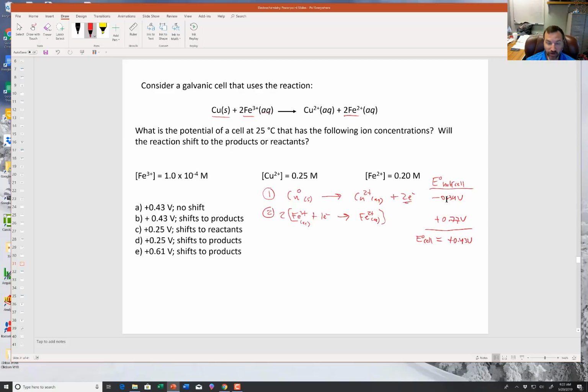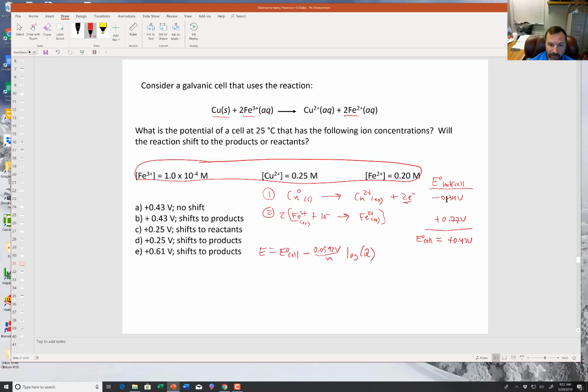Okay, so now let's use our Nernst equation to figure out what's the potential of this cell at these concentrations, non-standard state. So just to rewrite the Nernst.